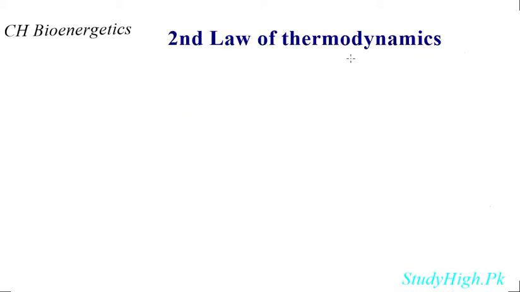Now I am going to show you the relation of the second law of thermodynamics with Gibbs free energy. Delta G, the Gibbs free energy, is equal to delta H, the enthalpy, minus T times delta S, the entropy. This is the relation between the Gibbs free energy and the second law of thermodynamics.